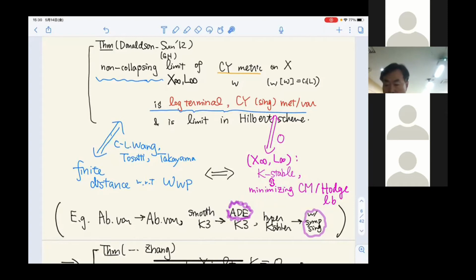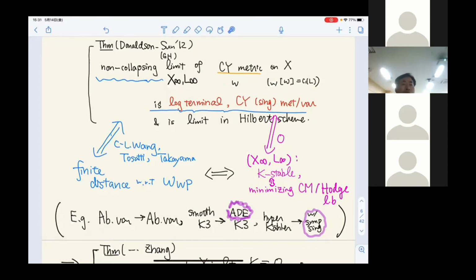And another characterization of this limit is that, what I meant by this equivalence is that if you consider every degeneration as a variety, you can consider a punctured family and consider every filling at the level of polarized varieties. And what I'm saying is that this limit, which is obtained in a differential geometric way, is characterized by this K-stability and also by minimizing this line bundle.